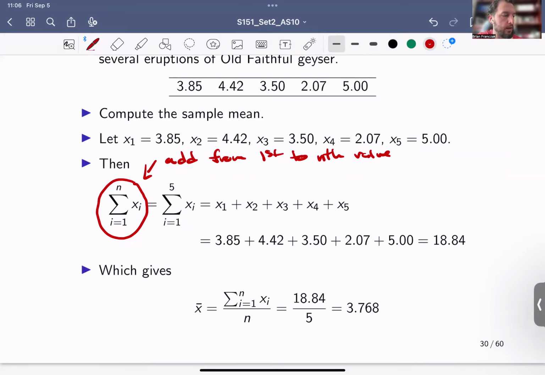So this literally becomes x1 plus x2 plus x3 plus x4 plus x5, which just turns into the summation of the 5 data points. Okay, so that symbol, again, that funky looking E, as students call it, which is actually capital sigma, is the symbol that we use to designate addition. So add up whatever it is across the bounds. So in this case, just add the 5 values together, gives 18.84. And then we're going to divide by 5, the number of values, the same calculation of the average we talked about before, and that gives us 3.768.